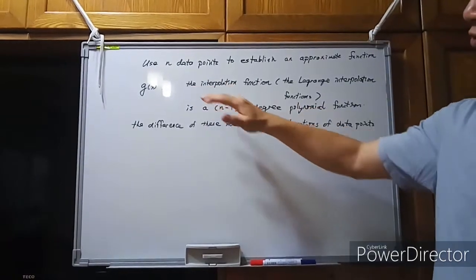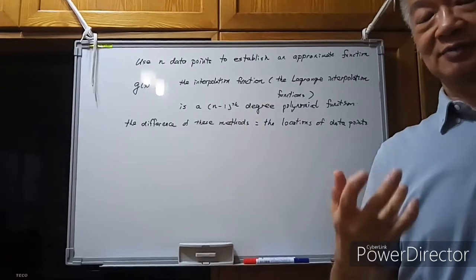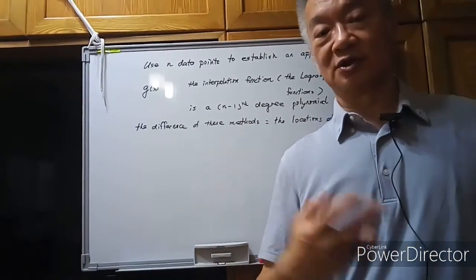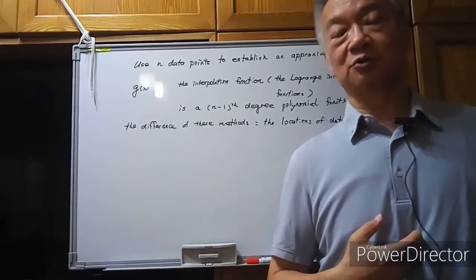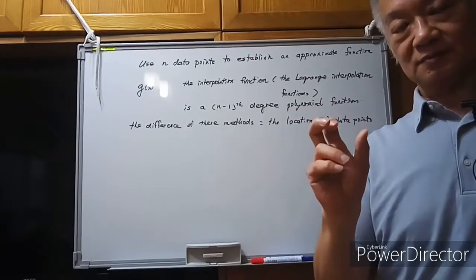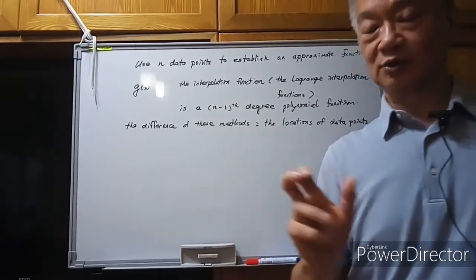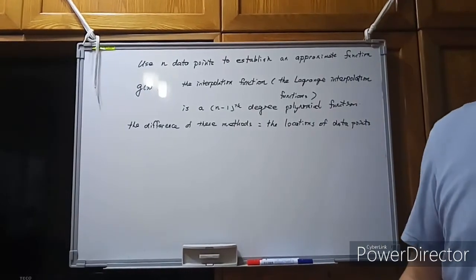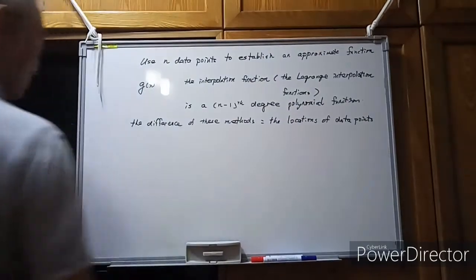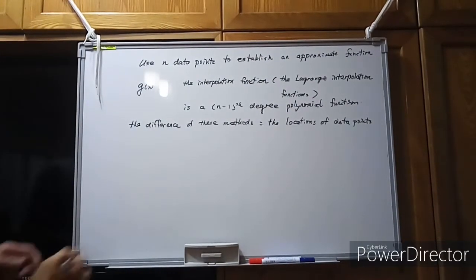But if we use the Gaussian quadrature method, we have the 2-point Gaussian quadrature rule and the 3-point Gaussian quadrature rule. If we use the 2-point Gaussian quadrature rule, the 2 data points will not be the endpoints. Okay, and the next thing I need to introduce is the Legendre polynomial functions.